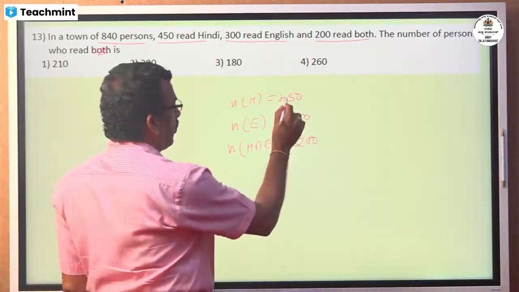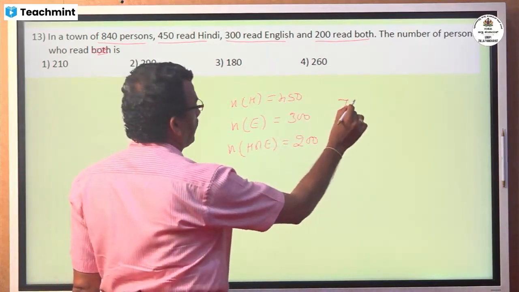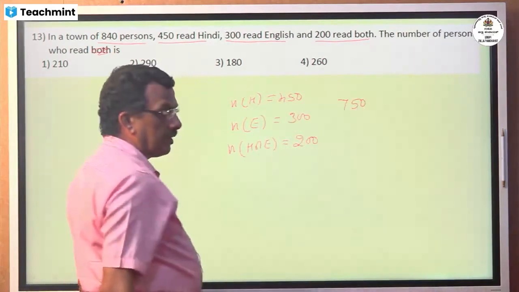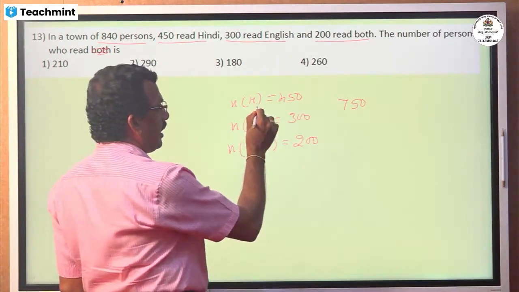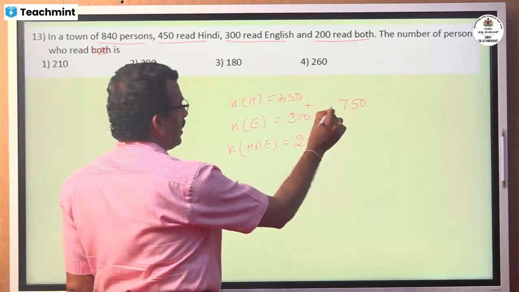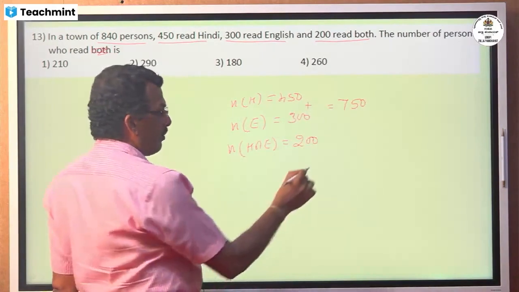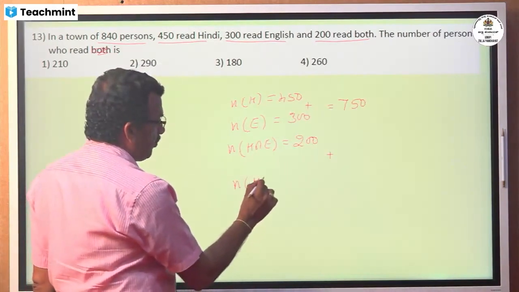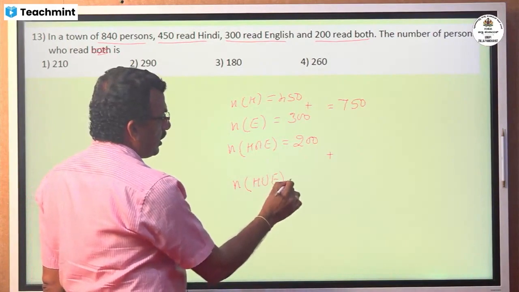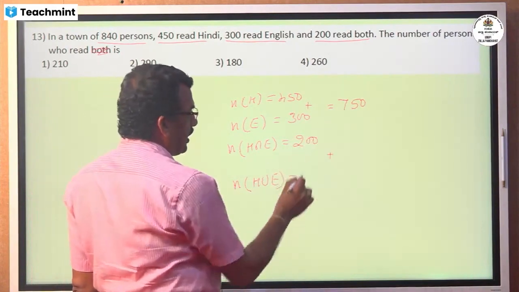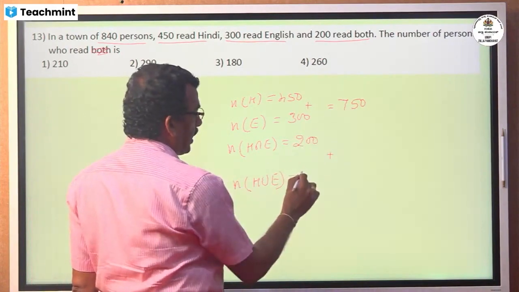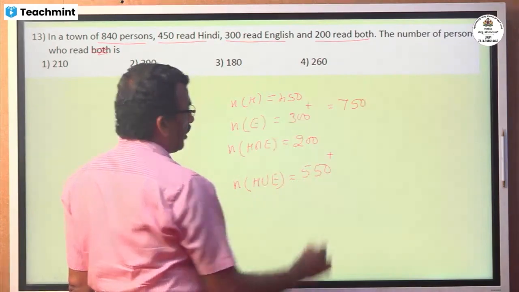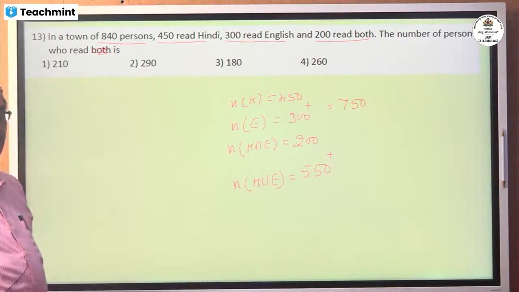You know that 450 plus 300 is 750. Correct? n of H plus n of E, which is 750, equals n of H intersection E plus n of H union E. Then H union E must be 750 minus 200, so 550. But what was asked?